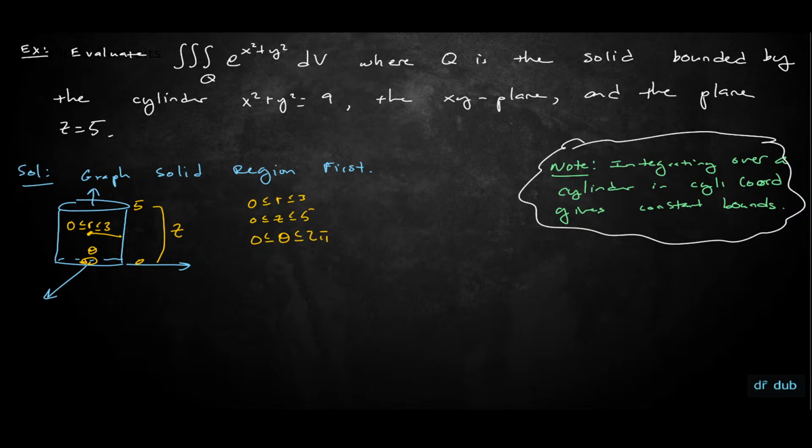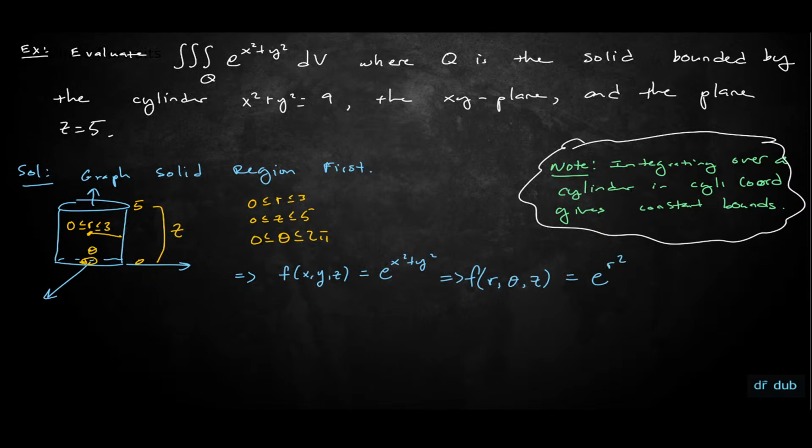So now we can go straight to the triple integral. So the integrand, we should change the integrand, f of x, y, z equals e to the x squared plus y squared will turn into f of r theta z, which will become e to the r squared.